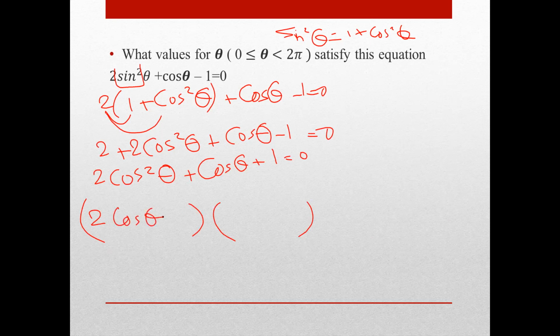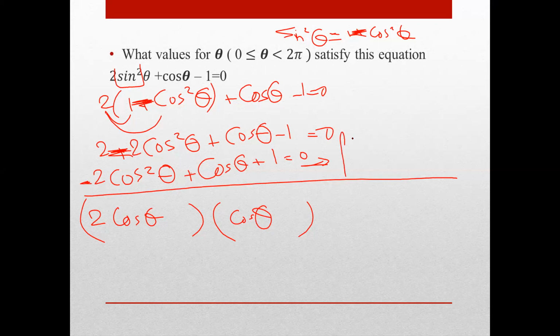Then by factorizing. Multiplying by negative 1, we can write it as 2 cosine squared of theta minus cosine of theta minus 1 equals 0.